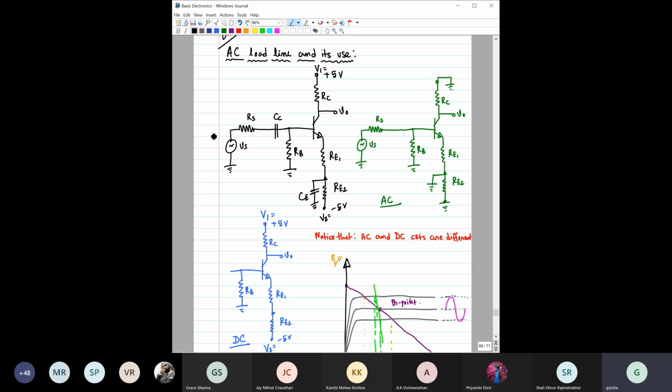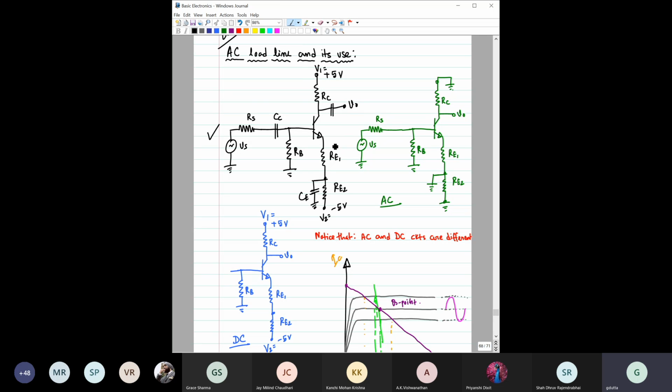So for example, let us consider this particular amplifier circuit. Here we can see these are the coupling capacitors. If you want, you can add one capacitor here, before you take the output, so that you get only the AC signal, and no DC current flows through it.